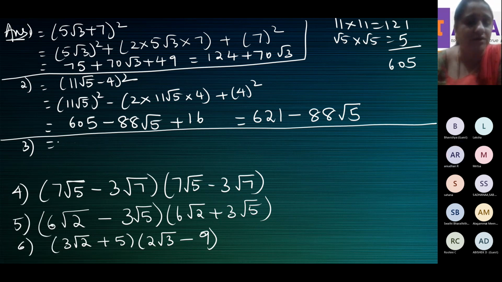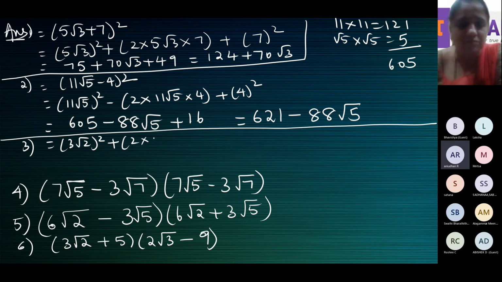Now only your voice is not clear. One minute. 3 root 2 whole square plus 2 into 3 root 2 into root 3.